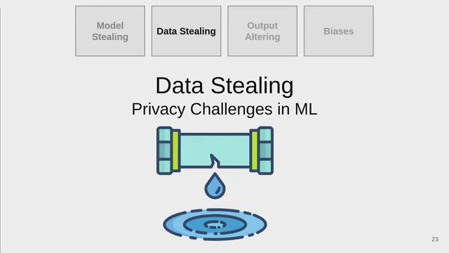Let's look at the next step, data stealing. That opens up the issue of privacy challenges in machine learning. We've already seen that for machine learning, we need to train on massive amounts of data. The underlying assumption is that all of the data being thrown in gives us an opportunity to answer certain higher-level questions, while hiding the details about individual users.